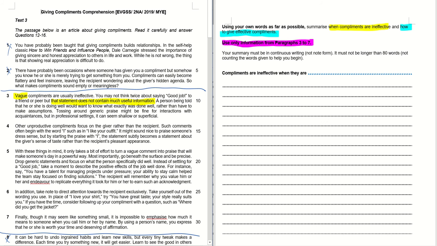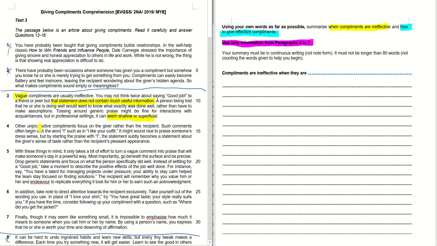Does that tell you when compliments are effective or how to give effective compliments? No. So moving on. Tossing around generic praise might be fine for interaction with acquaintances, but in professional settings it can seem shallow or superficial. So compliments are ineffective when they seem shallow or superficial. Unproductive compliments focus on the giver rather than the recipient. I see the word unproductive.